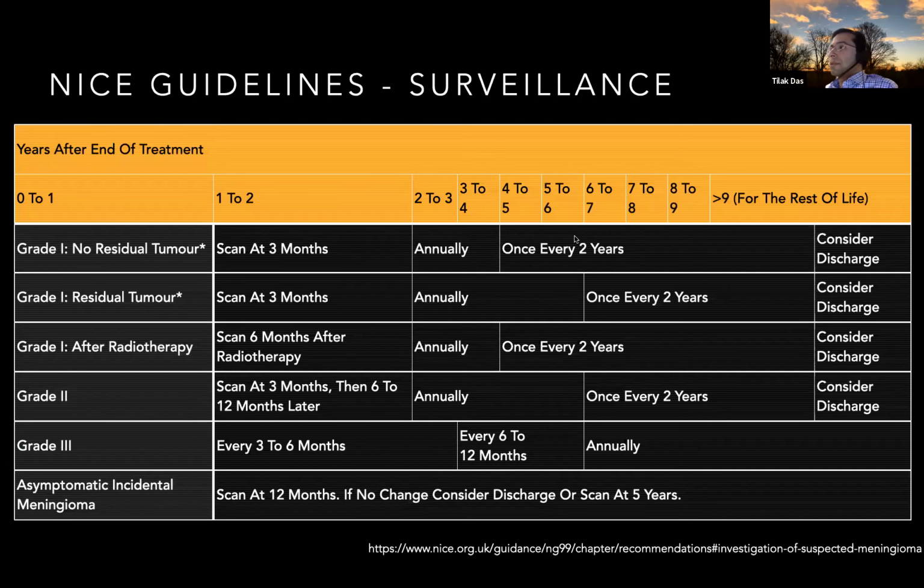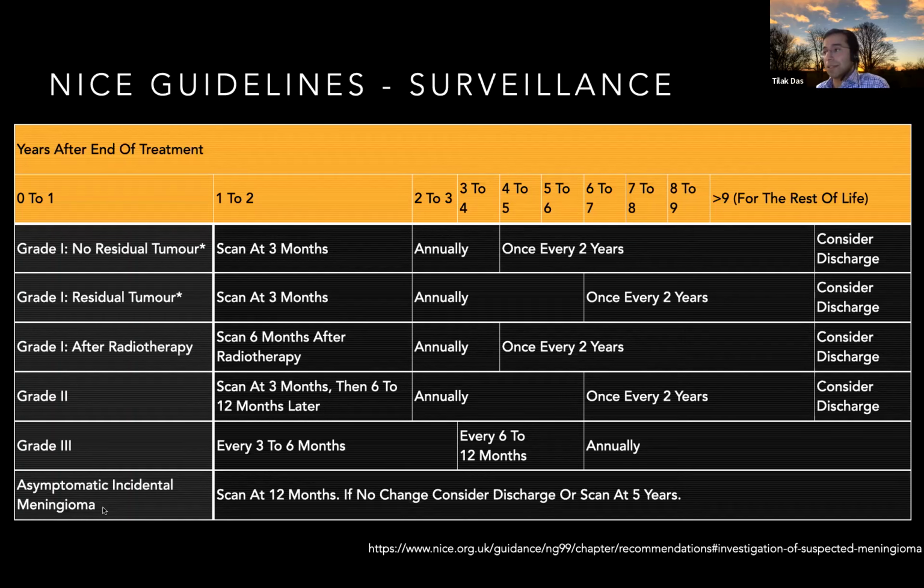And here they also suggest a scheme, especially for the active surveillance, as to how to do those. And I'll draw your attention to this one, which is the asymptomatic incidental meningioma. So your 10mm calcified meningioma in a patient who had a CT scan for their fall on rivaroxaban, which was normal otherwise. What do you do with those?